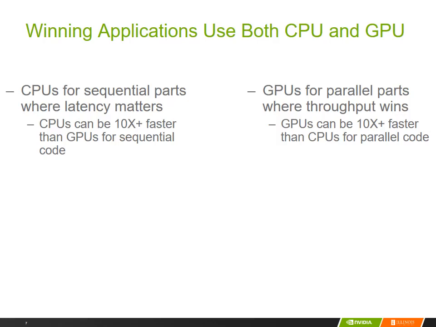On the other hand, GPUs are very good with parallel parts where throughput wins. When you have so much parallelism in some of these applications, just being able to get many computations through, even though each computation may take a long latency, can be a very big win. In those situations, GPUs can be 10 times or more faster than CPUs.